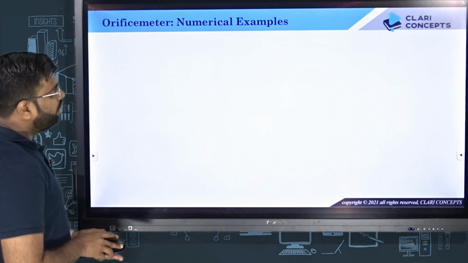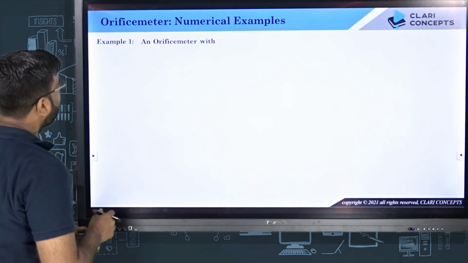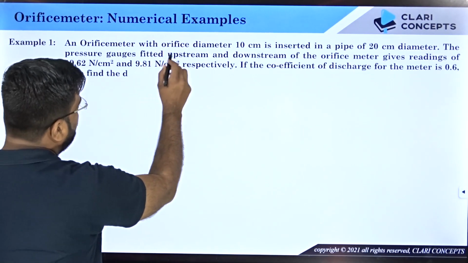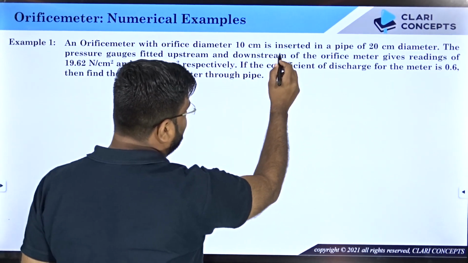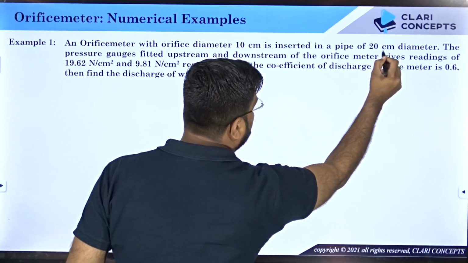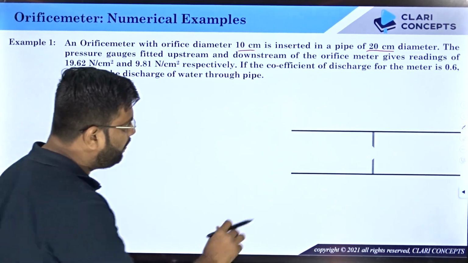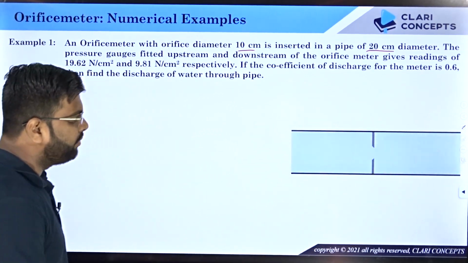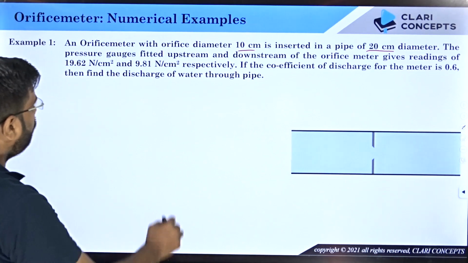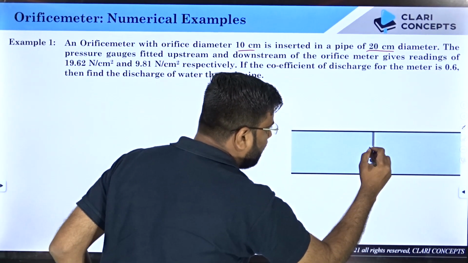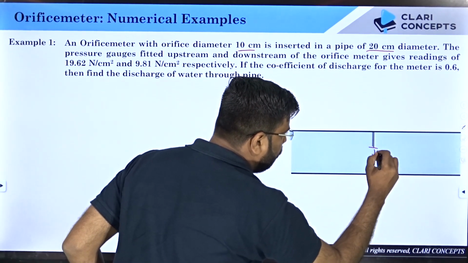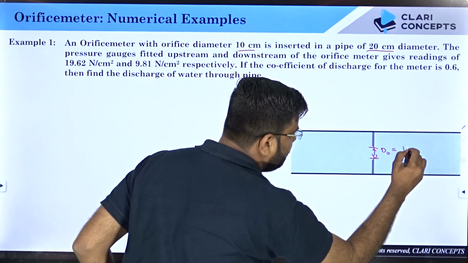Okay. So, the first numerical we have is an orifice meter with orifice diameter 10 centimeter inserted in a pipe of 20 centimeter diameter. So, you have been given a pipe with an orifice meter in between, and a fluid flowing through the pipe. The orifice diameter DO is 10 centimeter.